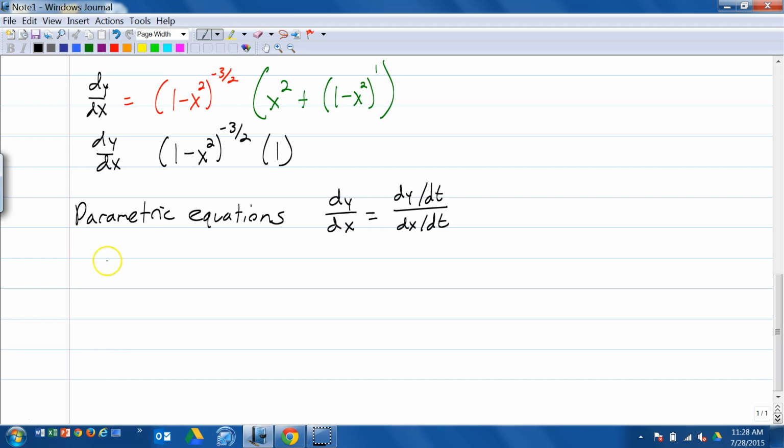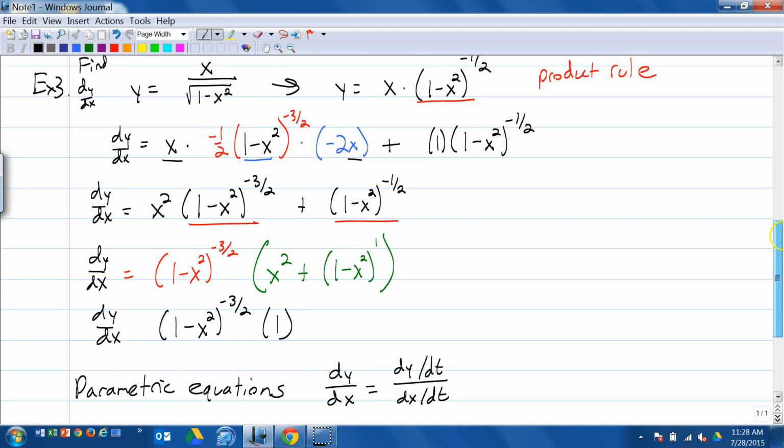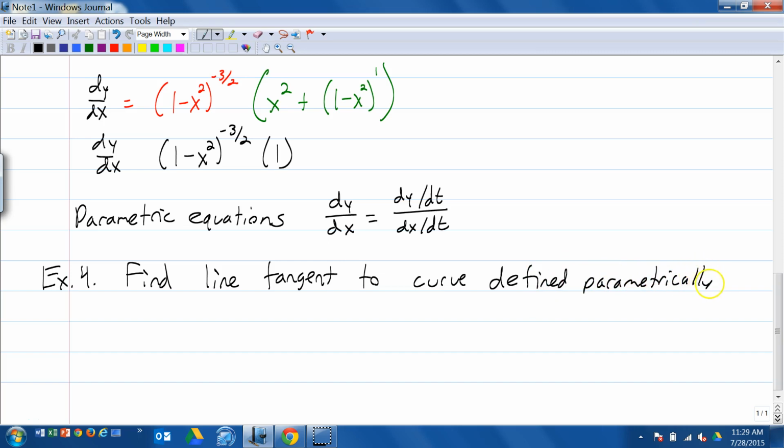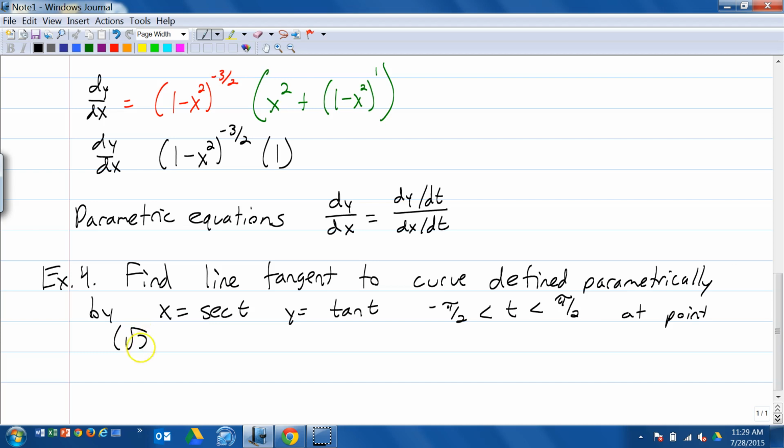Find the line tangent, I forget which example, I think I'm on 4 now, to a curve that's defined parametrically by the equations x equals secant of t, y equals tangent of t, and t only goes between negative pi over 2 to pi over 2, at the point root 2 comma 1, where t is equal to pi over 4.